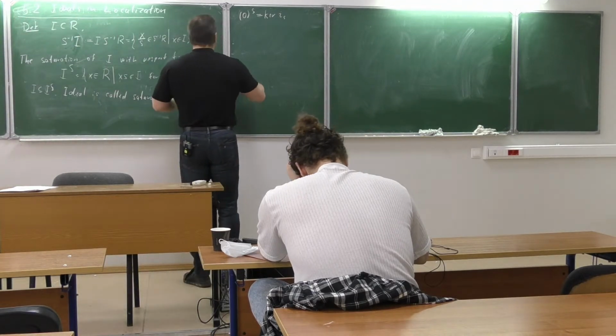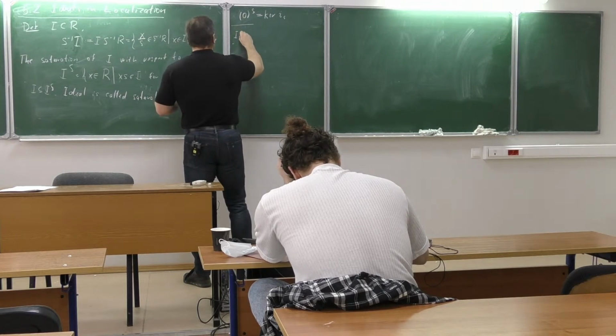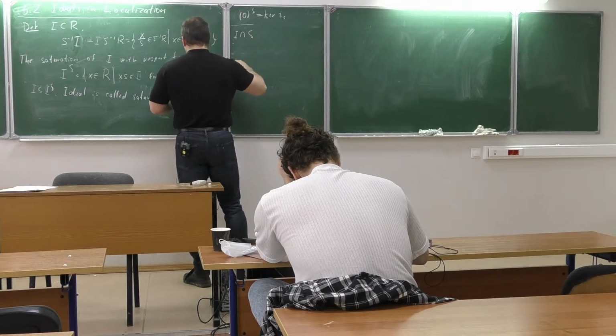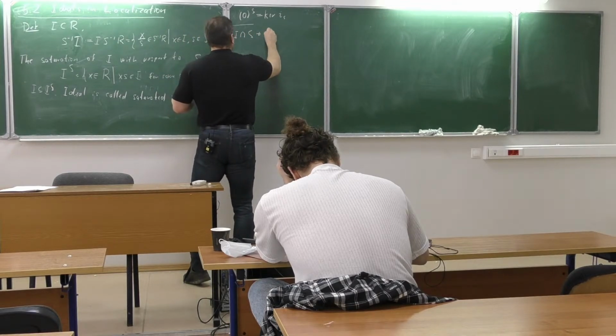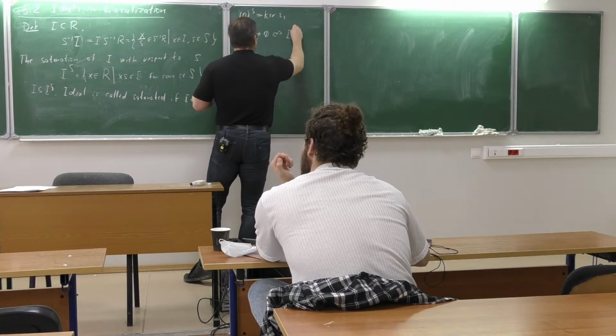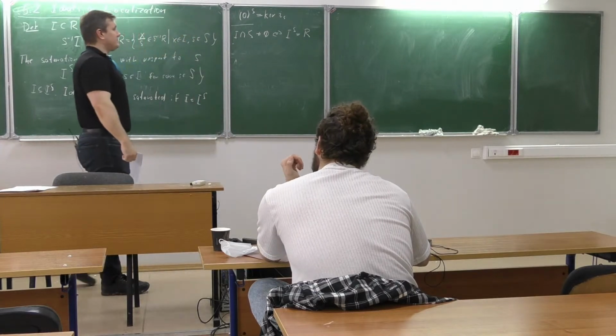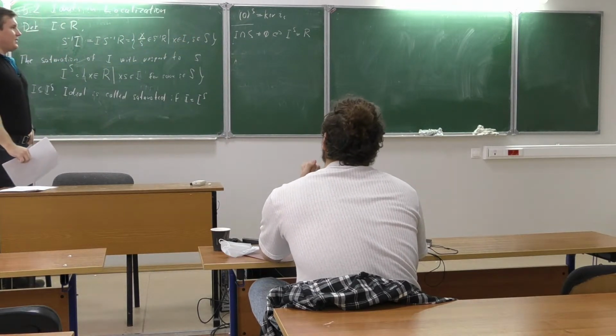And another little observation that we're going to use several times is the following. The intersection of the ideal with the multiplicative set S is not empty if and only if the saturation of this ideal is the whole ring. So how to show this?